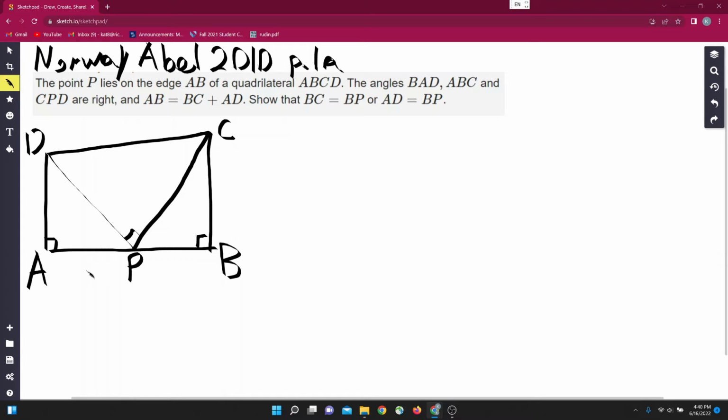The angles BAD, ABC, and CPD are all right, as we noted here, and AB equals BC. Show that BC equals BP or AD equals BP.